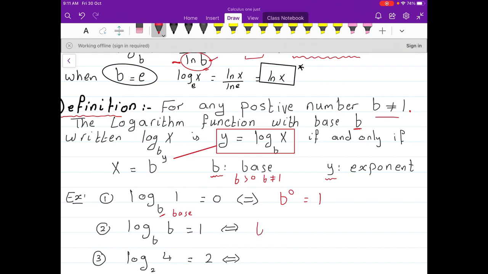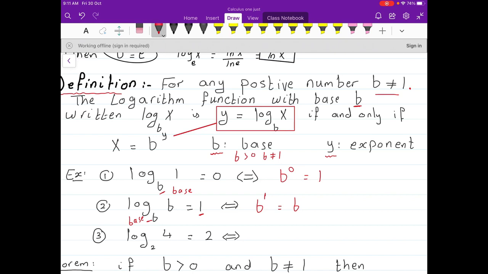This means b is the base and this is the exponent: b to the power 1 equals b. If we have log 4 for the base 2 equal 2, what does this mean? This is the base, this is the exponent. This is equivalent to 2 squared equals 4.